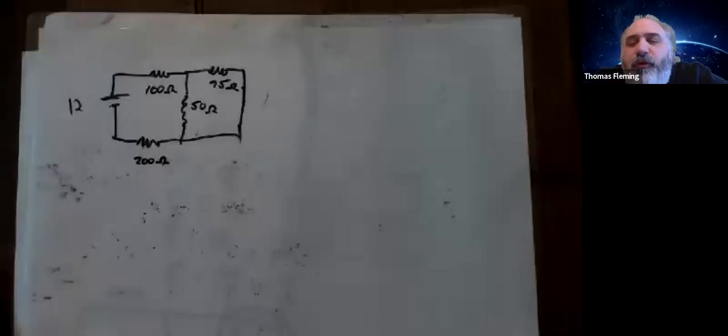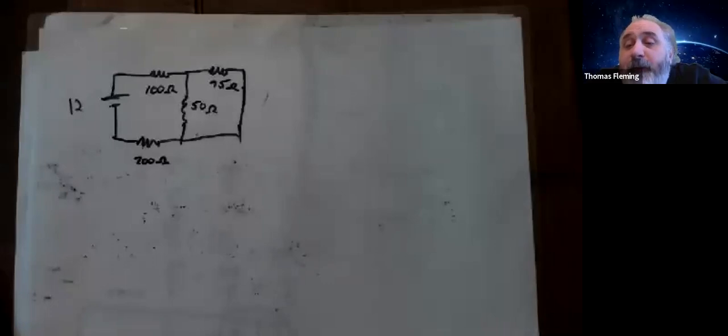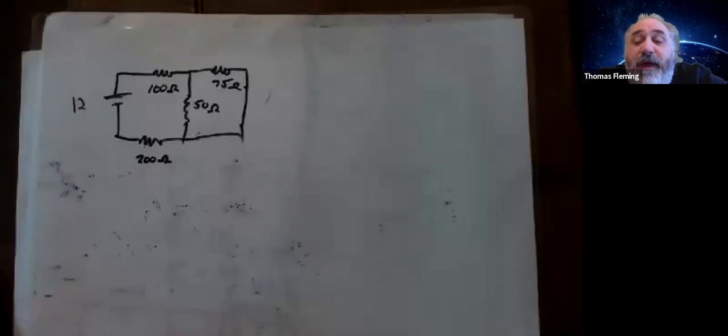Because the 100 and the 200 are parallel, and then. So you say that the 100 and 200 are in parallel, but why do you say that? By what basis do you make that judgment? I literally just look at it. I know you said not to do that, but I literally just look at it from being across from each other. You're like, oh, they're across from each other. Yep. And the reason I say not to do that is because sometimes, like right now, that'll send you the wrong way, right?